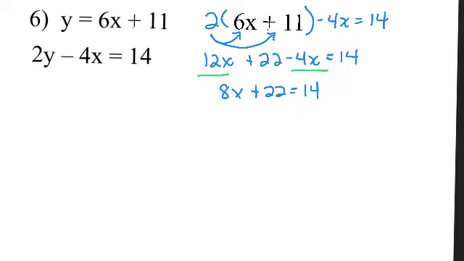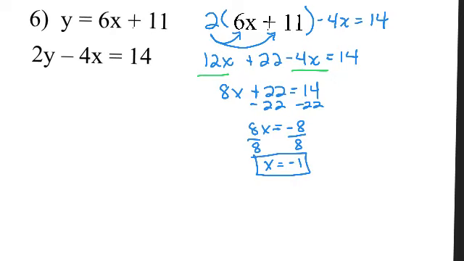Step 4, we need to solve for the variable. Step 5, we need to substitute the variable back into one of the original equations so that we can solve for the other variable.